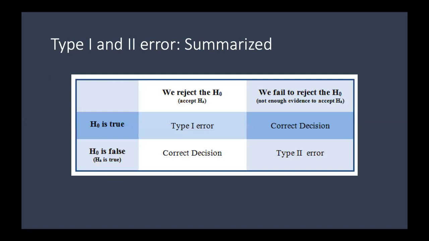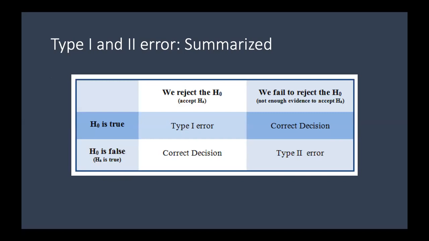So that's the two types of errors summarized. There are different ways of calling these two types of errors. Some just call type 1 error alpha error, or type 2 error beta. Some call type 1 error the false positive, type 2 error false negative.